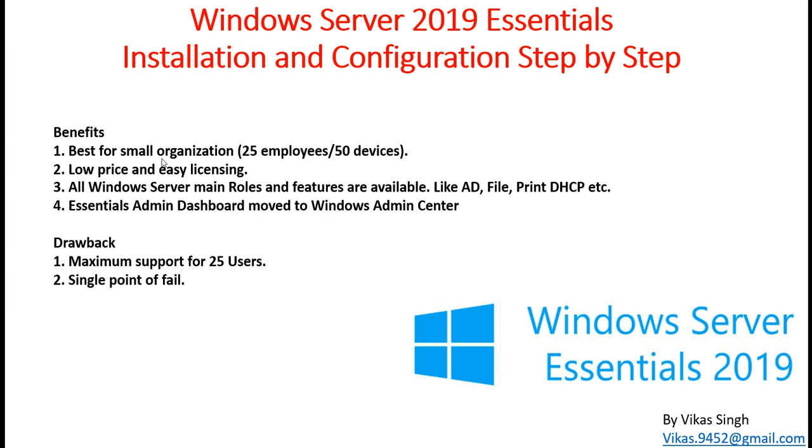So when you buy Windows Server 2019 Essentials, you don't need to buy any other licenses like CAL licenses for the devices or users. You are going to get the 25 user CAL and 50 device CAL licenses included in the price of the Essentials operating system.